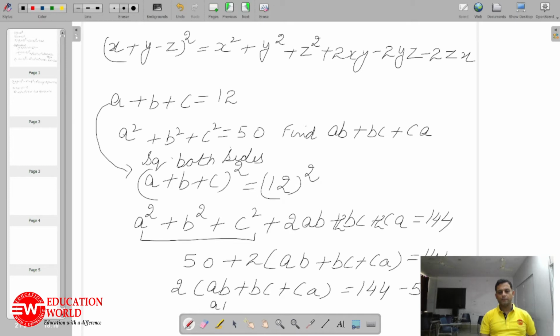Then ab plus bc plus ca: from 144 when we subtract 50, it will be 94. Dividing 94 by 2, the answer will be 47.